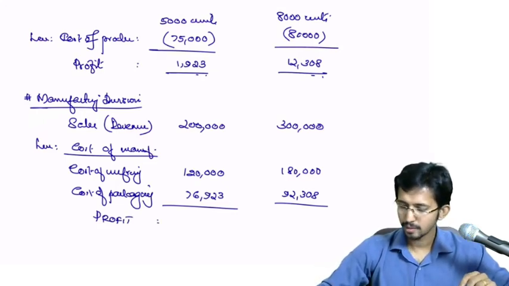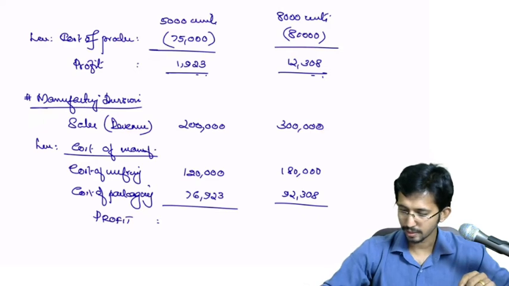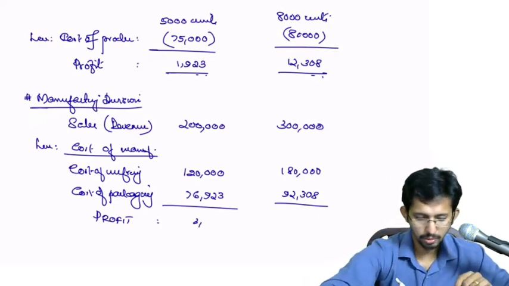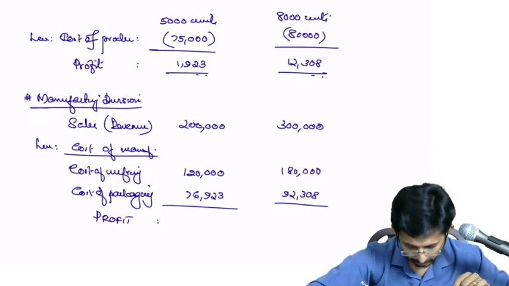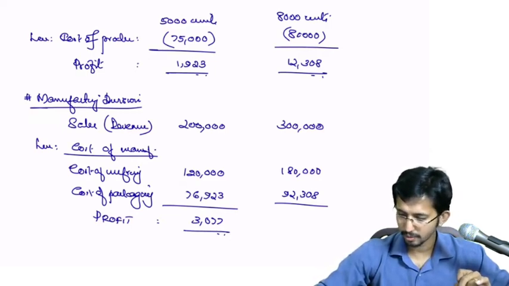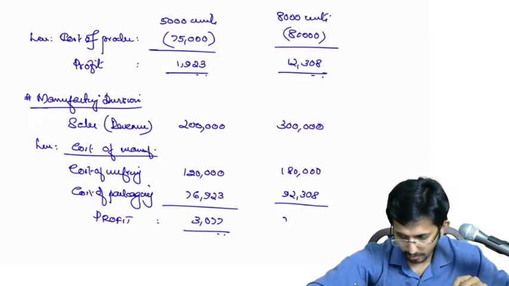So profit. 2 lakh minus 1,20,000 minus 76,923. That will come to 3077. And here 3 lakh minus 1,80,000 minus 92,308. That is 27,692.